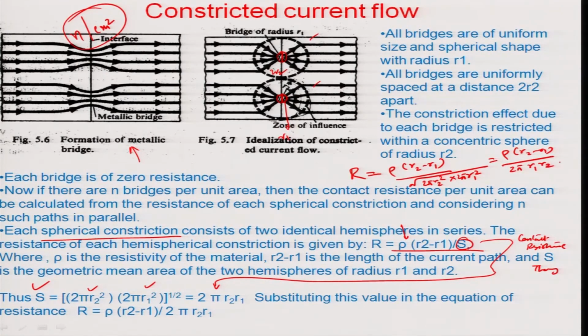And if I assume that r2, the gap between the bridges, is much larger in comparison to r1, then the resistance of each bridge comes out to be rho divided by twice pi r1, and we can assume that a half bridge contributes this.